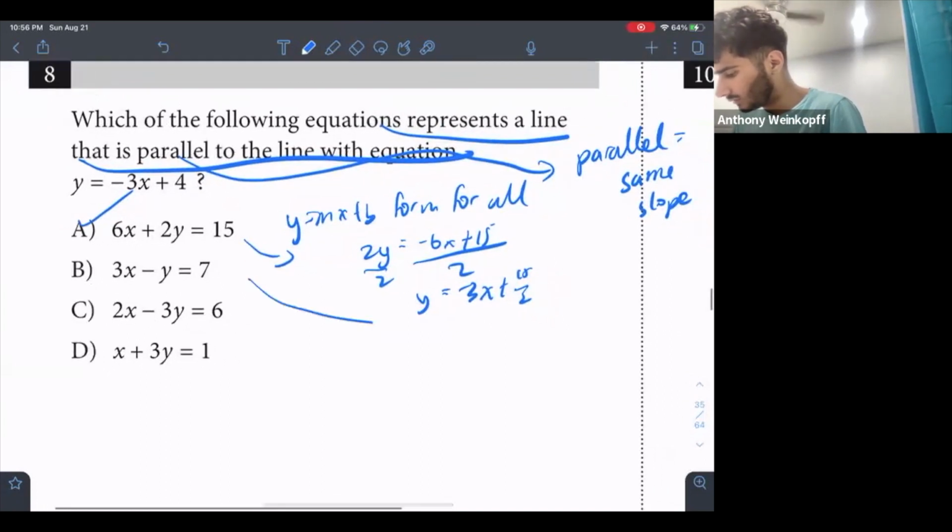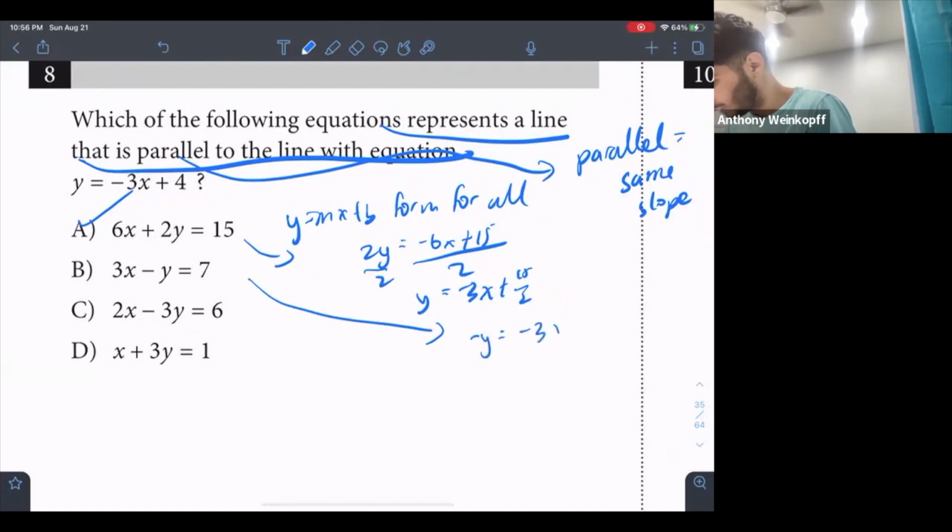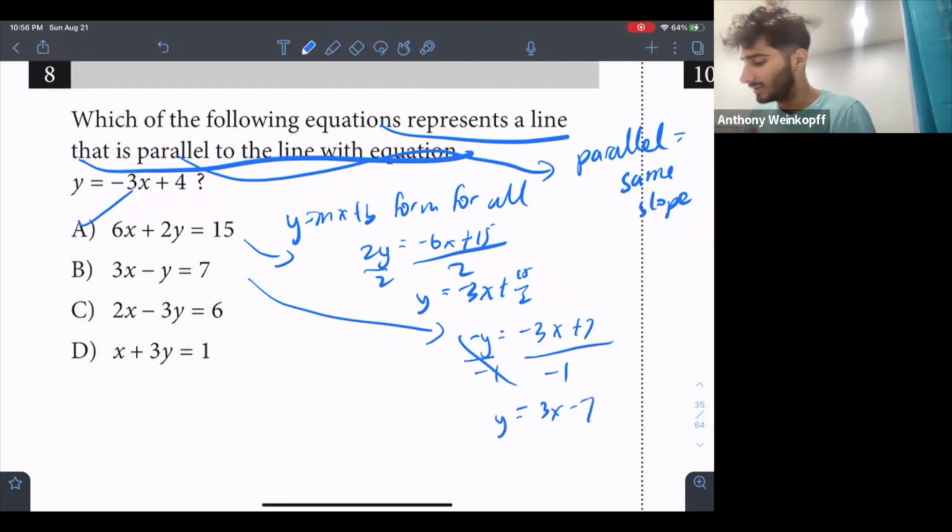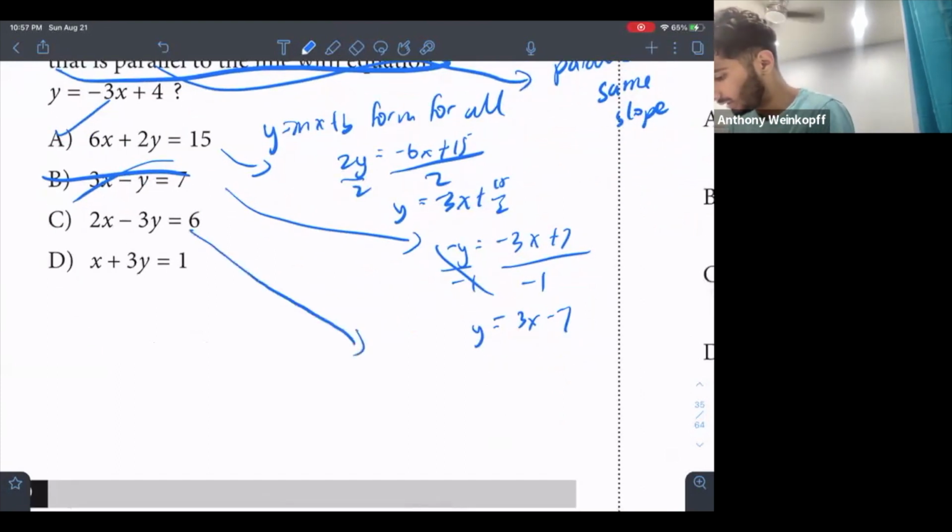And then you would do -y is equal to -3x plus 7, divided by -1 on both sides. Y is equal to 3x minus 7. It's a different sign, so this is incorrect. Then you isolate the y again, so you get -3y is equal to -2x plus 6, divided by -3.